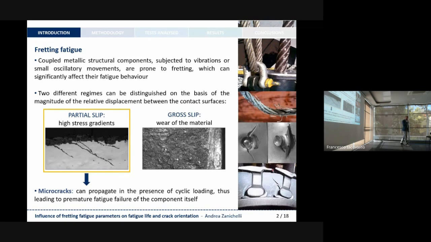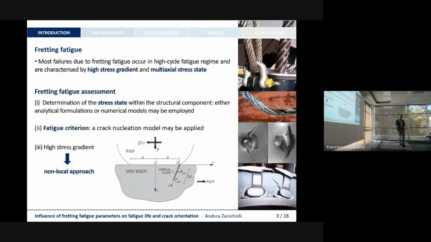Such microcracks can then propagate in the presence of cyclic loading, thus leading to a premature fatigue failure of the component itself. Most failures due to fretting fatigue occur in a high cycle fatigue regime and are characterized by a high stress gradient and a multi-axial stress state.